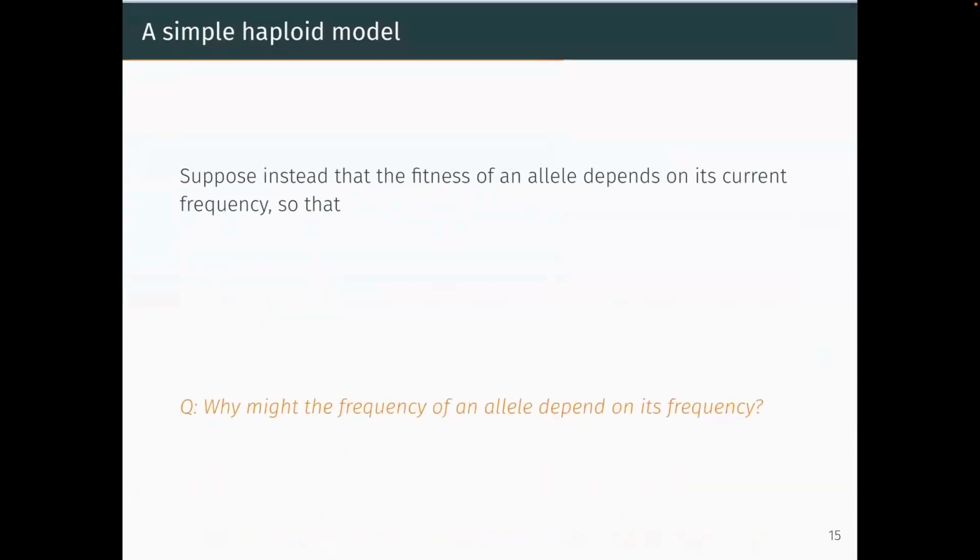Let's make things a little bit more interesting now. So suppose instead that the fitness of an allele depends on its current frequency. So let's suppose that for our allele capital A, its fitness is going to be some function f of p. And for little a, we'll call it g of p.